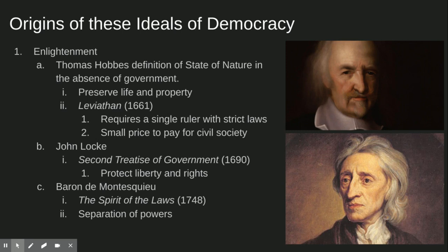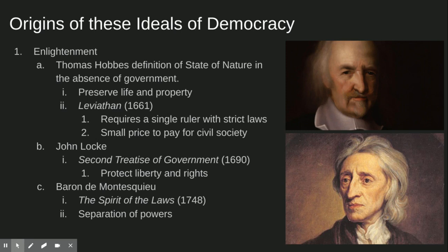John Locke was different in his ideas. In the Second Treatise of Government of 1690, Locke pushes for the idea that government's job is to protect liberty and rights. The main focus of government is not to control the people or maintain order per se, but to ensure that our freedoms and our rights are guaranteed.